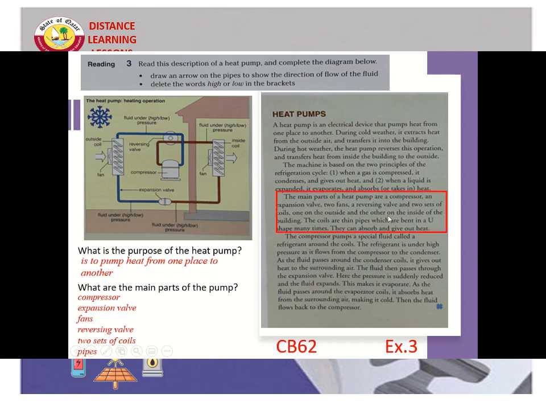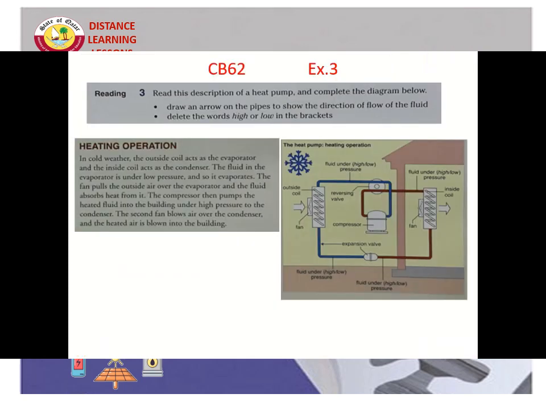Now we are ready to do the task. So to do the task, we are going to read this heating operation and then draw arrows and delete high or low from each bracket.